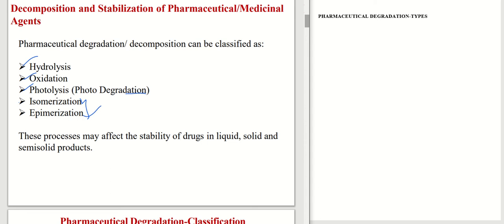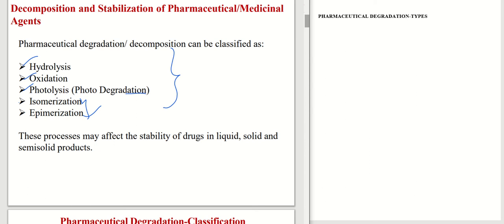Oxidation is also known as oxidative degradation. All these mechanisms affect the stability of the drugs in any of the dosage forms. It could be a solid dosage form, liquid dosage form, or semi-solid dosage form.